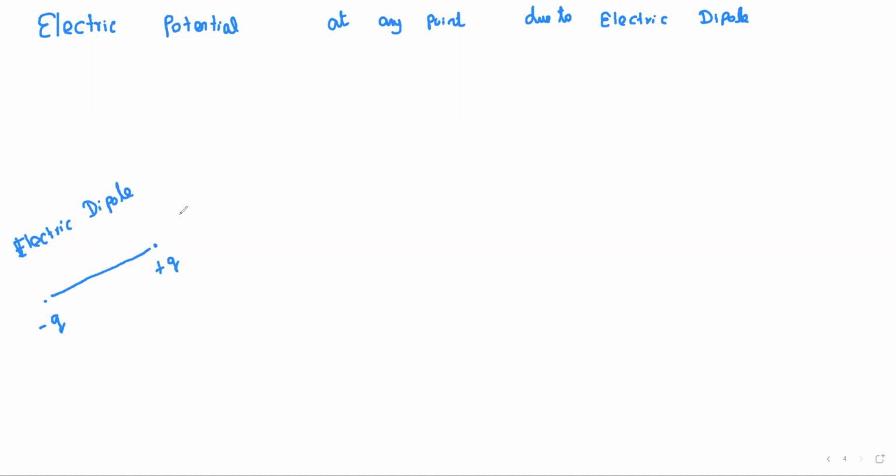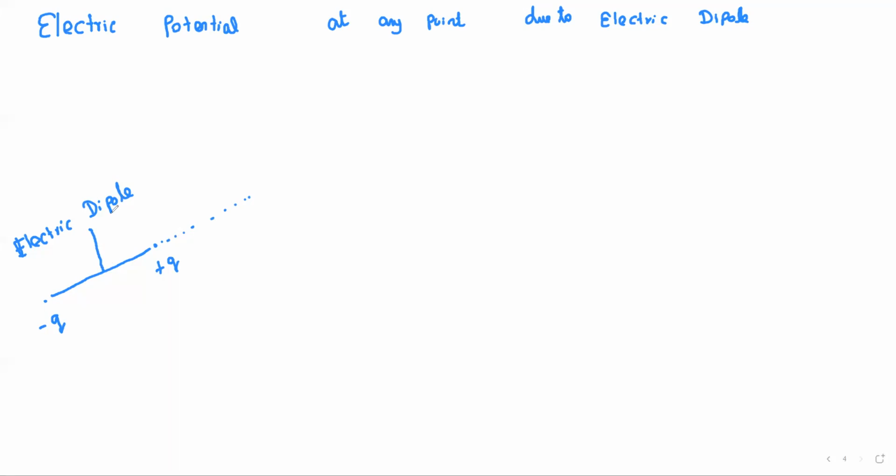In our first chapter, we derived the electric field intensity at the axis of an electric dipole, and at the equatorial line, that is, at any point on the perpendicular line of the electric dipole.